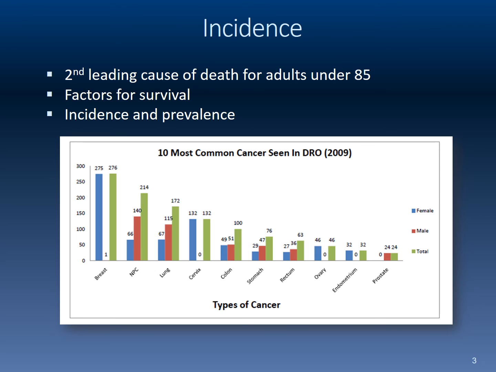You can take a moment to study this and see that even males are registered on here. They show a 1. That means there was 1 incident of breast cancer among males that led to death in this particular chart. But as the scale moves down, lung cancer, cervical cancer, colon, stomach, ovarian, endometrium cancer, and ending with prostate cancer.